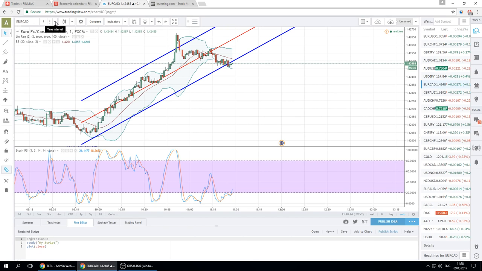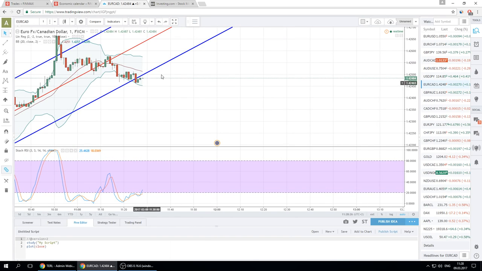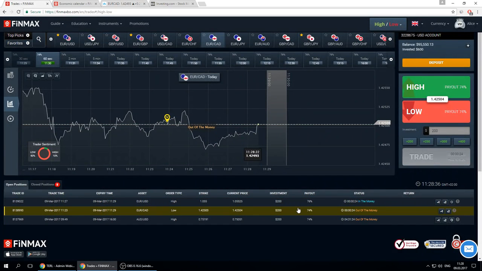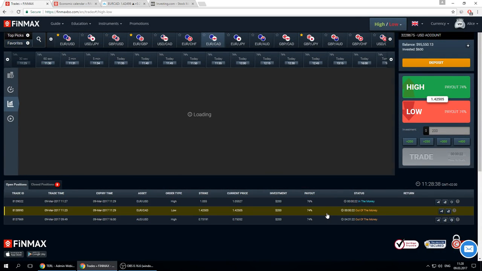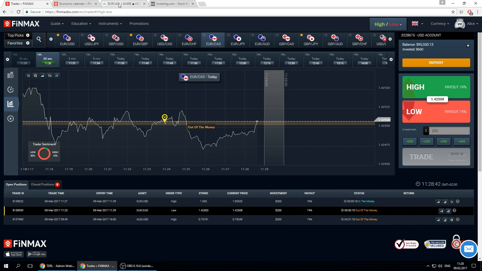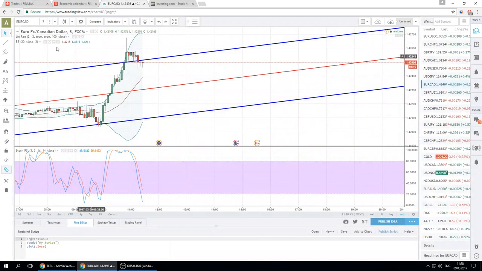As we see on the 1 minute time frame, euro was growing for the last 3 minutes, but we had the hope that this trade would expire in the money, because for most of the time it was in the money.